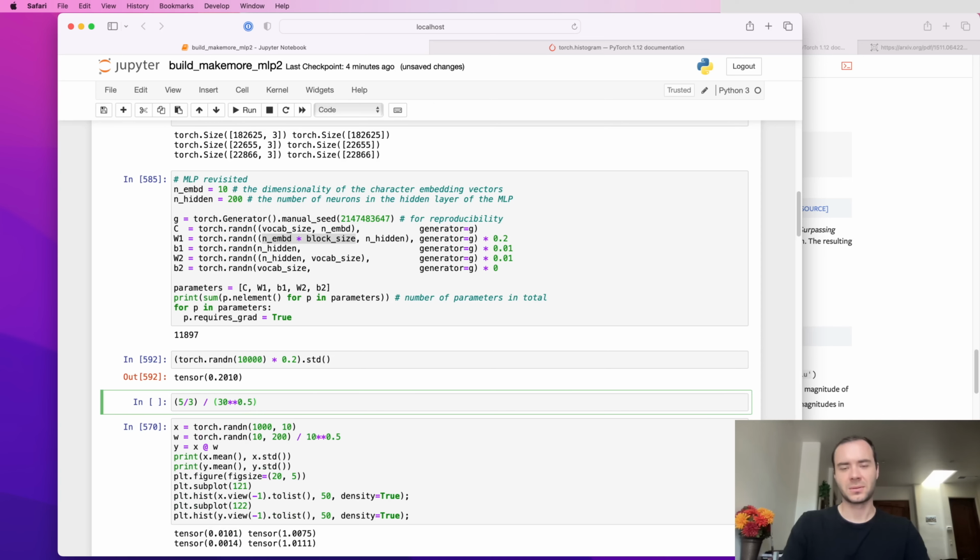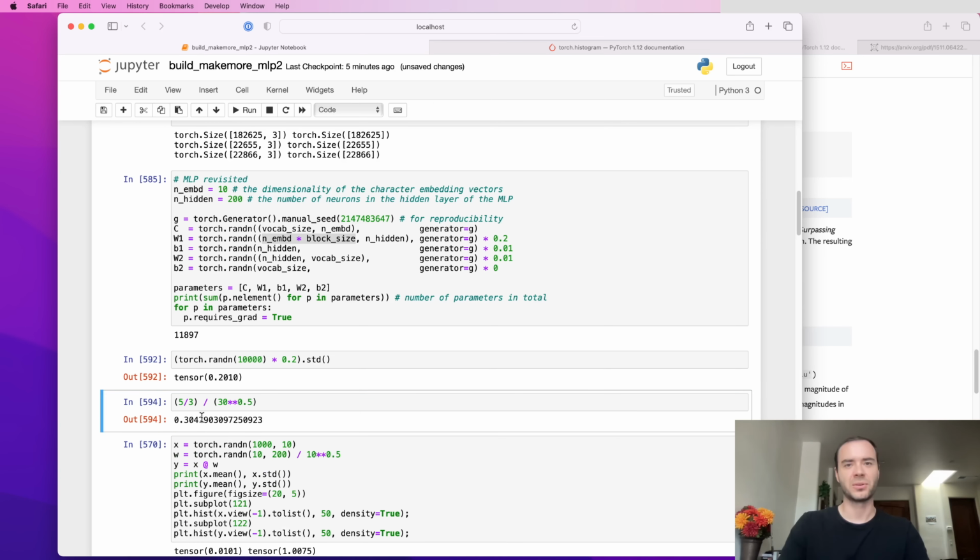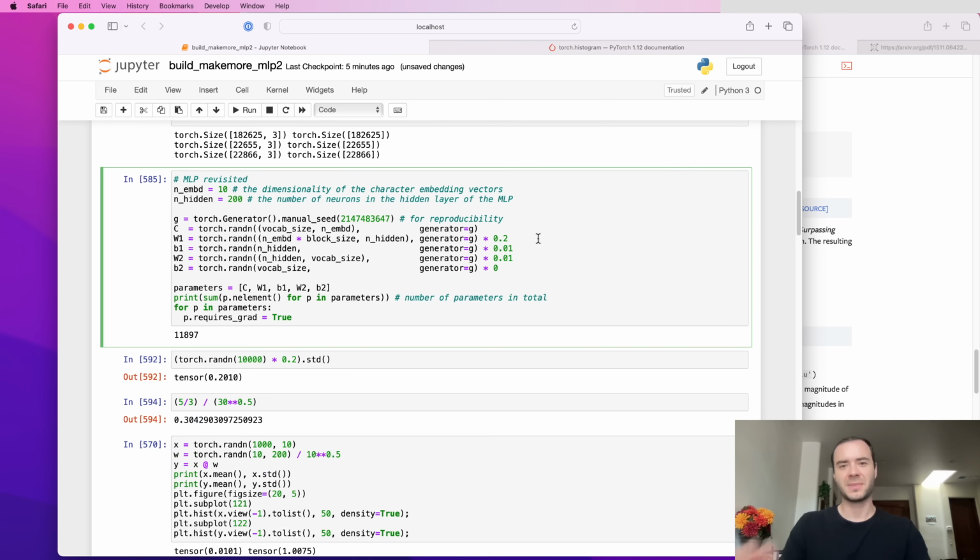So this is what we want our standard deviation to be, and this number turns out to be 0.3. Whereas here, just by fiddling with it and looking at the distribution and making sure it looks okay, we came up with 0.2. So instead, what we want to do here is make the standard deviation be 5/3, which is our gain, divided by the square root of this amount.